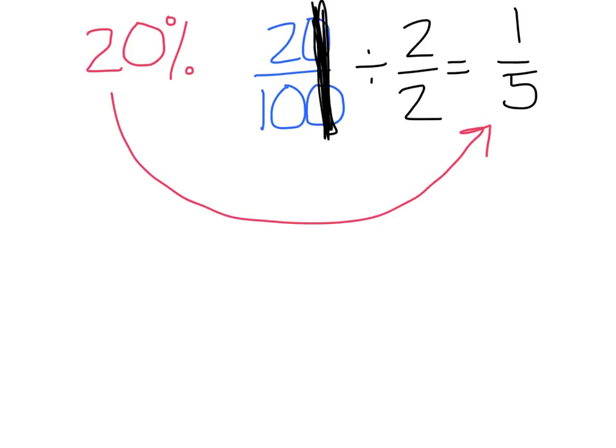Let's try once more just to make sure you're understanding the fact that you can take off zeros on the top and the bottom before you reduce. So how about if we said, oh, let's start off with a fraction of 20 over 60.